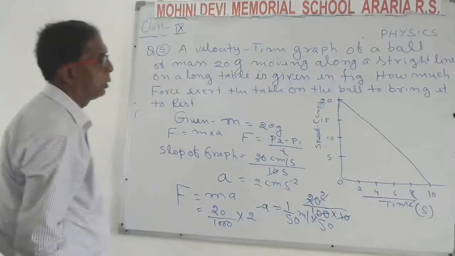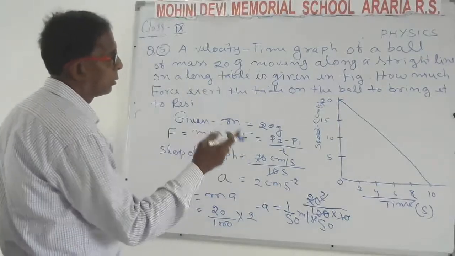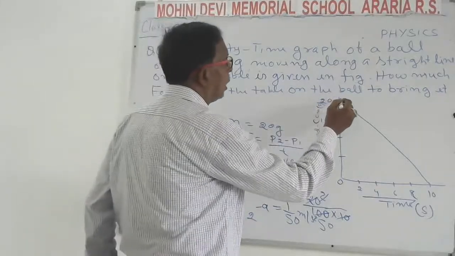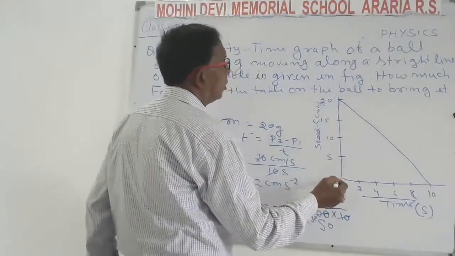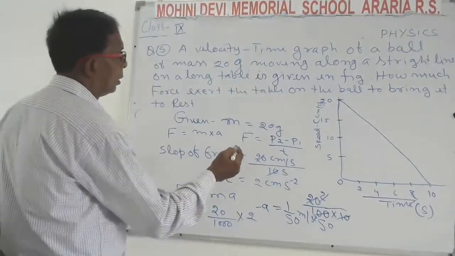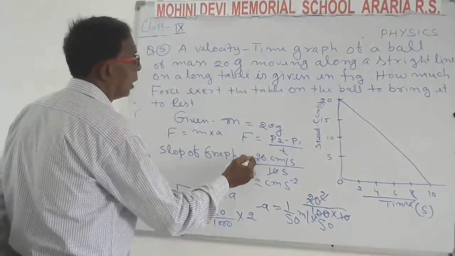Because it is de-accelerating, the initial velocity is 20 and the final is 0. It means 0 minus 20, you have to write it minus.